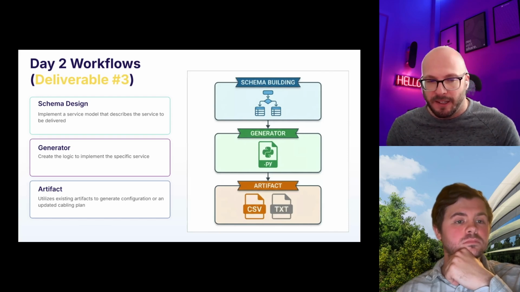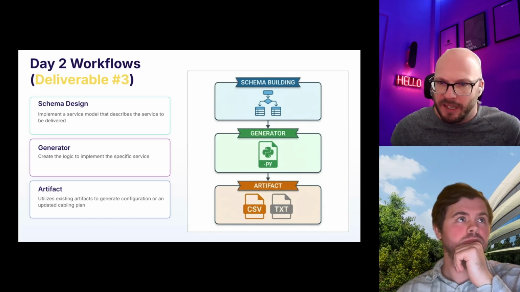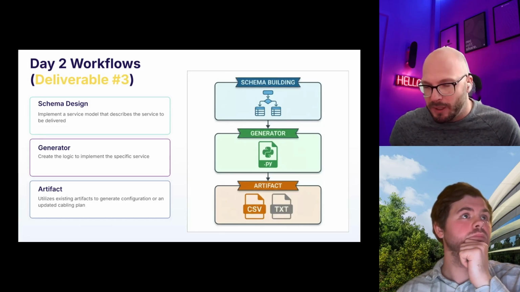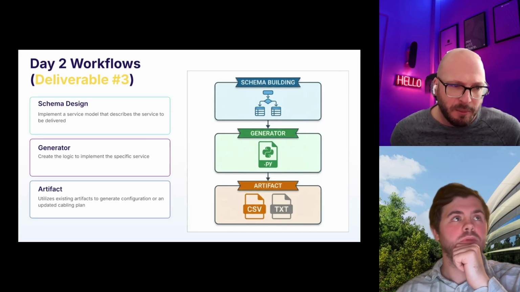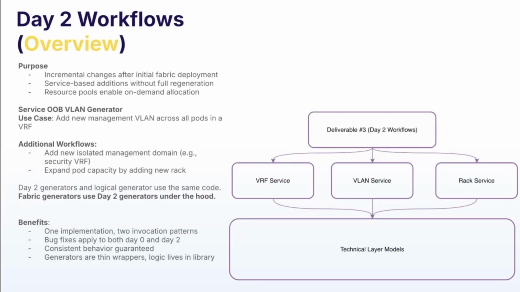And then we get the config. With some of the services, it ends up just being an updated diff that they see whenever they run it and open a proposed change. So we got to reuse those for free, and mainly it was trying to figure out what the requirements were, and then building the business logic in a generator for it. Yeah, so for example, one of them was to add a VLAN to the out-of-band network.